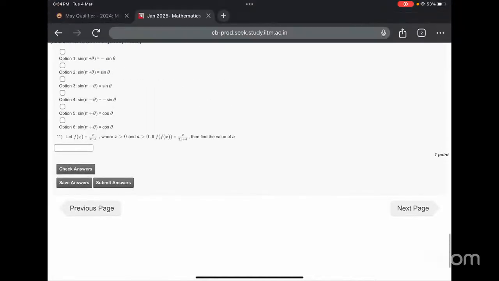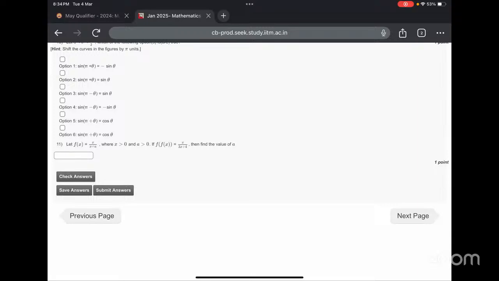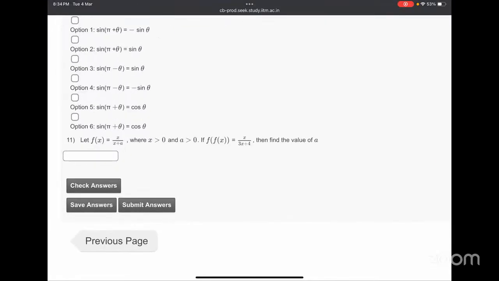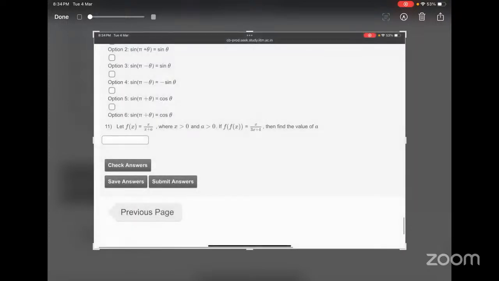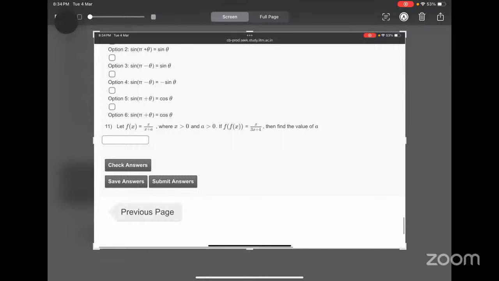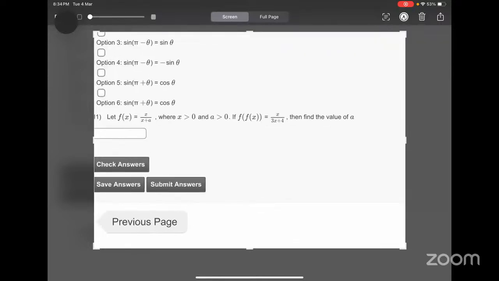Last question. Yes, ma'am. Okay. So we have f of x equals x by x plus a, where x is greater than 0 and a is also greater than 0, and f of f equals this. Then we have to find the value of a. So we can compute f of f and equate it with this function and compare both sides.